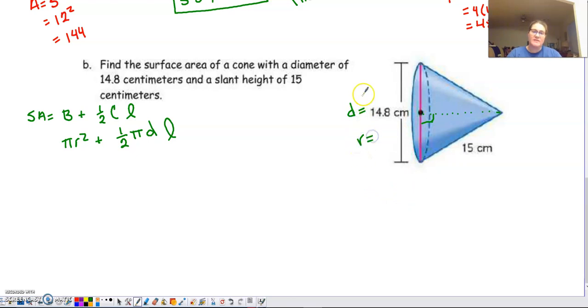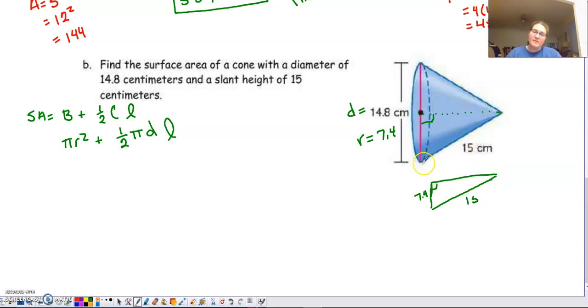So my radius is going to be 7.4, because that's half of 14.8. And my radius is also going to be the side length of this here, just so you know, like if you were to pull a triangle out. Right, that's the inside of my cone.